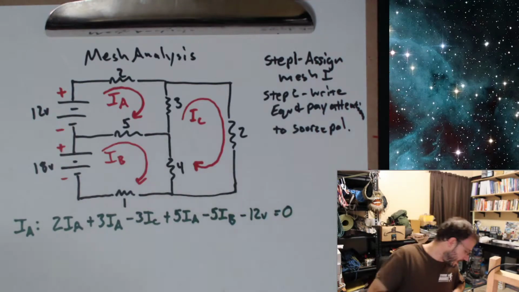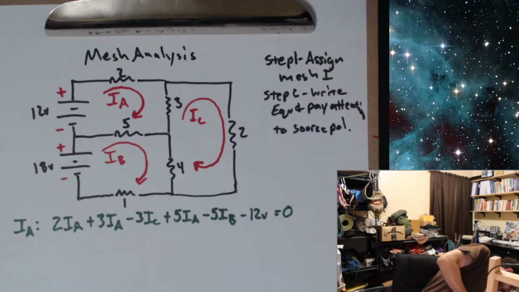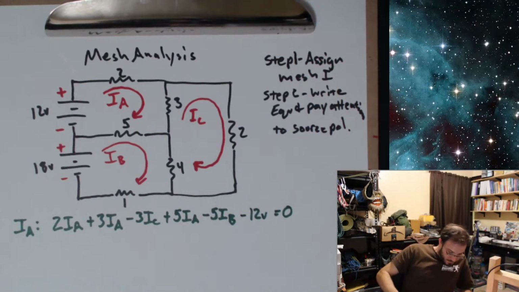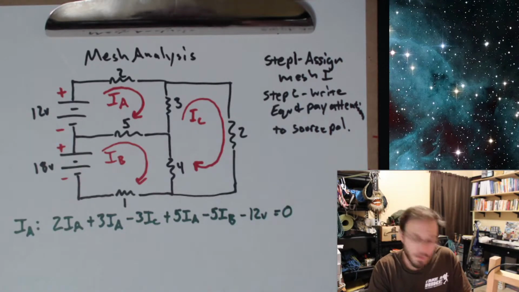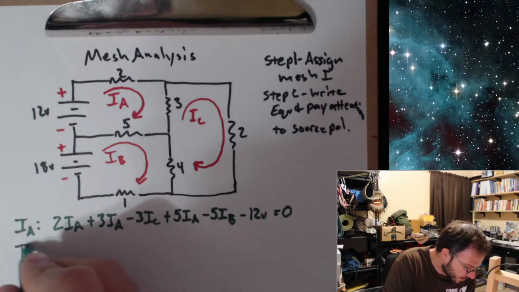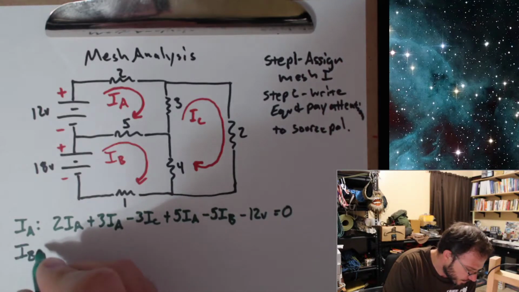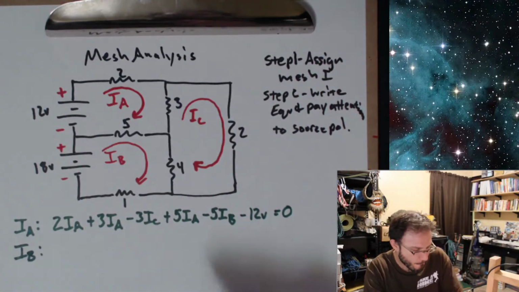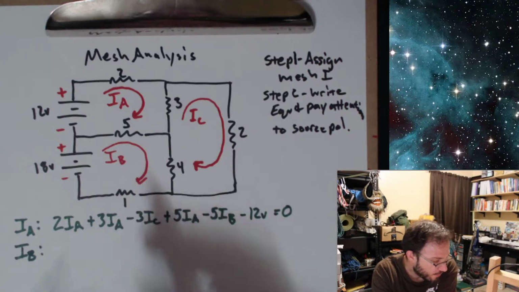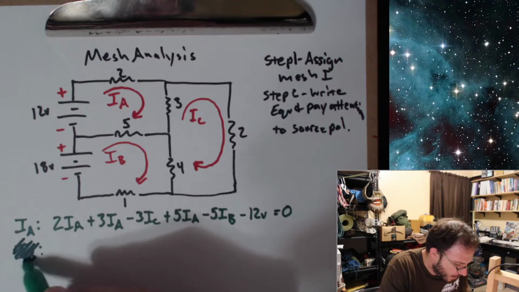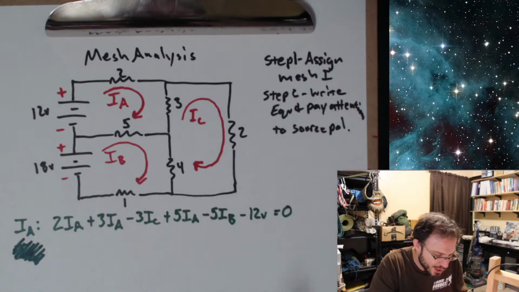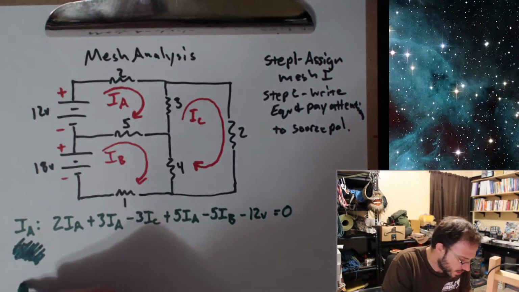And now let's go ahead and write out IB. Okay, for IB, actually, let me go ahead and give myself some space here so I can reduce this equation afterwards.